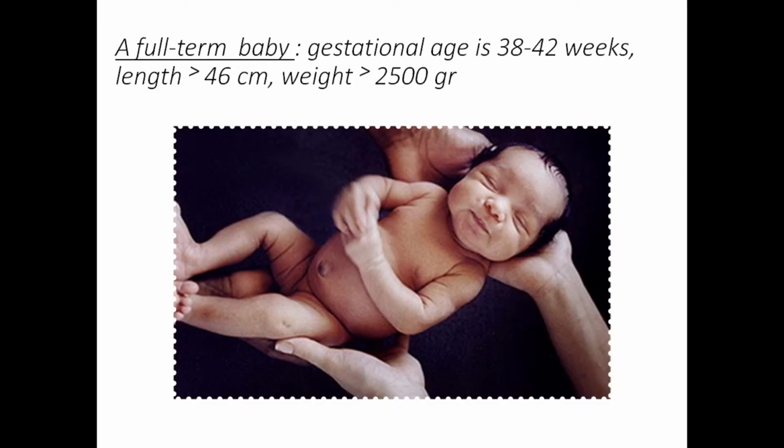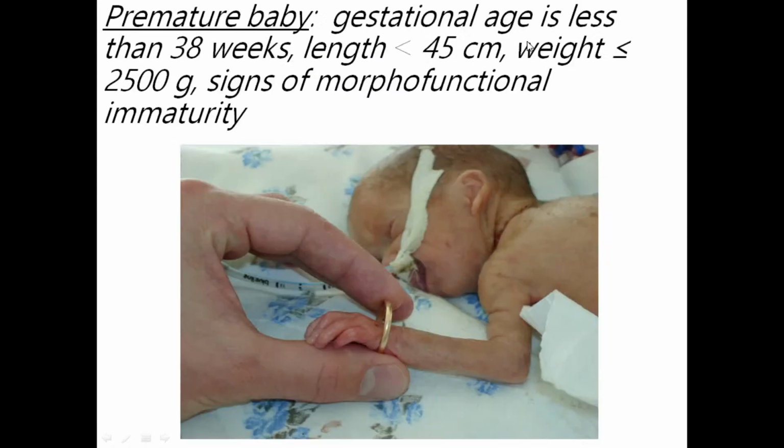Newborn baby. Once again, it's better to repeat: full-term baby. Gestational age is about 38 to 42 weeks. This is the more important information. Less important information is length more than 46 centimeters and weight more than 2.5 kilos. Why? Because when they discuss full-term, premature, or post-term baby, they analyze only the gestational age.